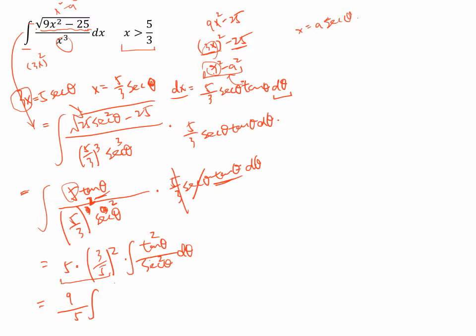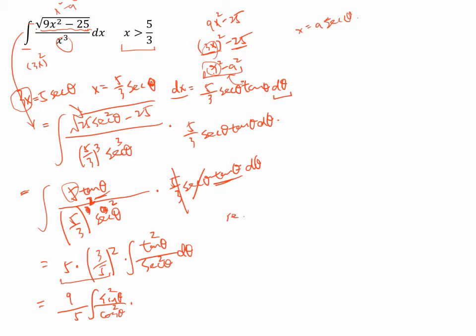And for tangent squared over secant squared, substitution doesn't seem to work. Rewrite it. So sine theta squared over cosine theta squared gives me tangent squared.